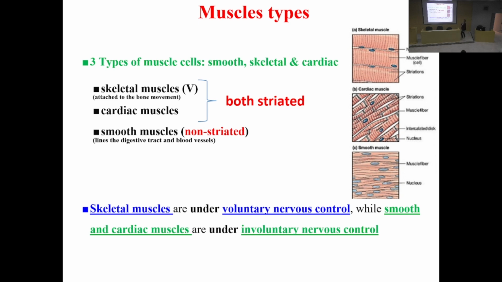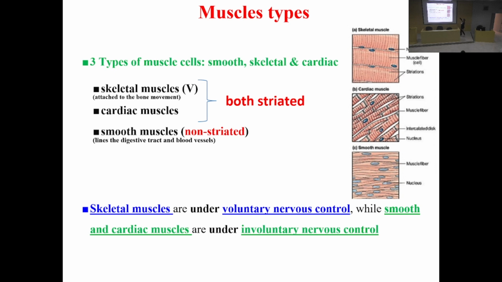As you can see here, there is no striation like in here. They are very smooth, and you find this kind of muscle in the digestive tract and also in the vessels. However, the cardiac muscles and the skeletal muscles all have striations, so we call them striated muscles.